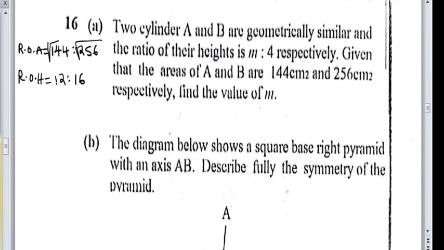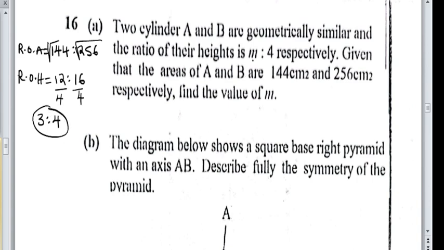So now we simplify these. The number which can go into 12 and 16 is 4. So we divide by 4, divide by 4. 4 into 12 is 3. Then 4 into 16 is 4. So this is the ratio of heights.